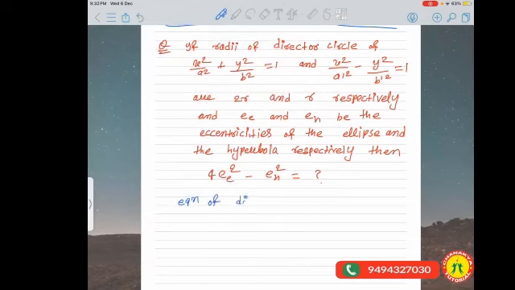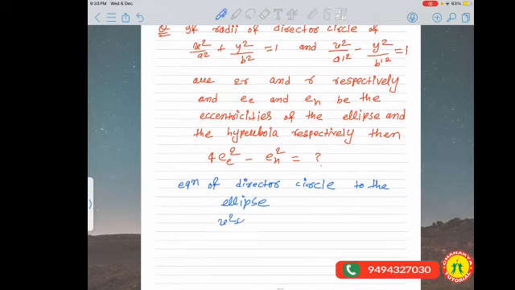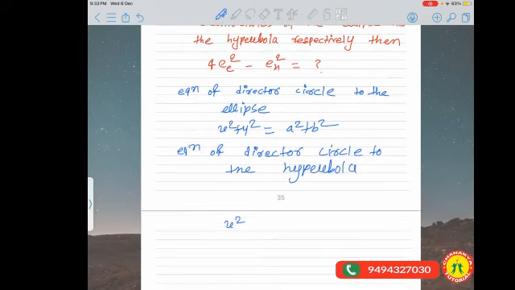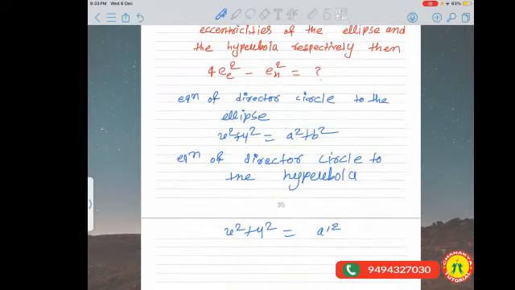Equation of, मैं लिख दे रहा हूँ, equation of director circle to the ellipse is, we need to remember, x square plus y square is equal to a square plus b square, and for equation of director circle to the hyperbola क्या हो जाएगा? अभी डिस्कस किया हूँ आज टुडे hyperbola, x स्क्वायर प्लस y स्क्वायर इज इक्वल टू a डैश स्क्वायर माइनस b डैश का स्क्वायर.